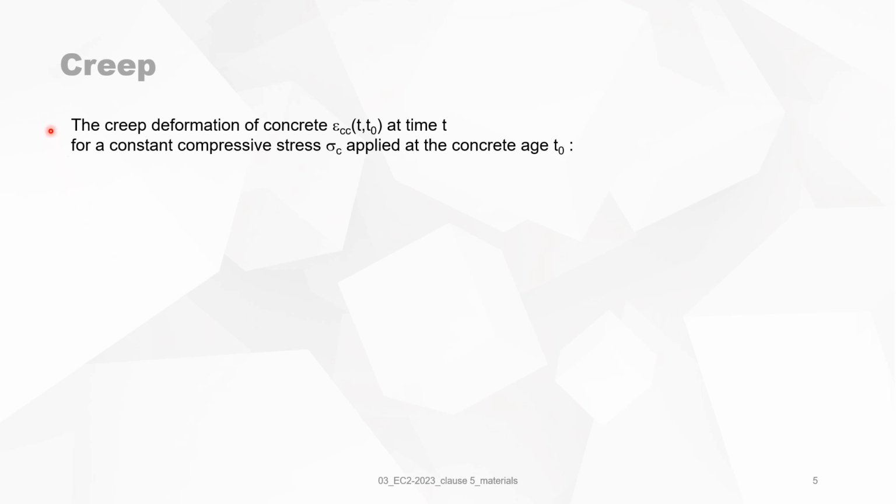Something about creep. The creep deformation of concrete, epsilon cc, at time t for a constant compressive stress sigma c applied at the concrete age t0. So t0 is the time at the point of loading. Then the creep deformation is given by the creep coefficient, proportional to the compressive stress divided by the modulus of elasticity.